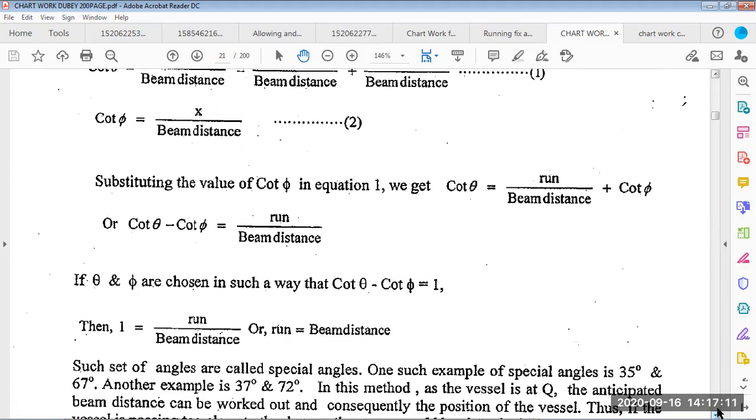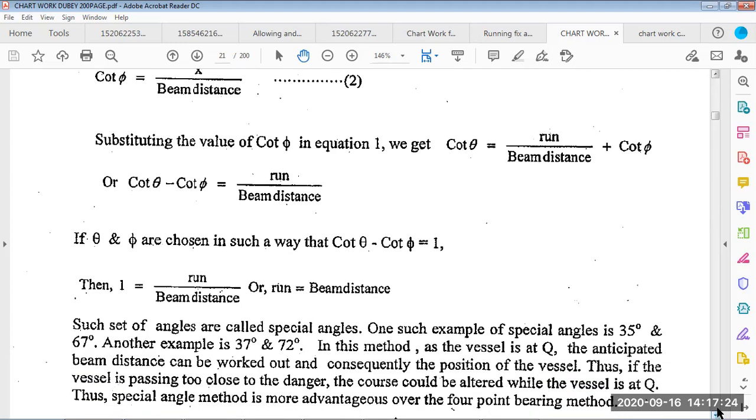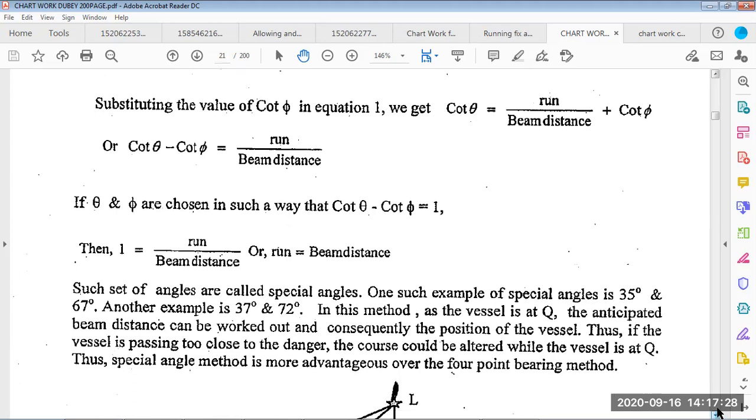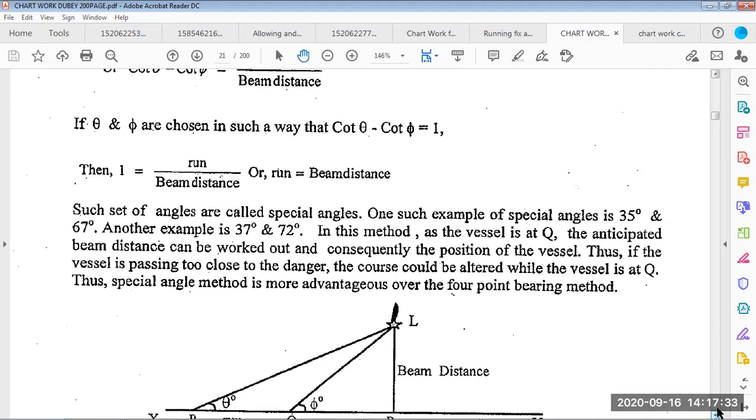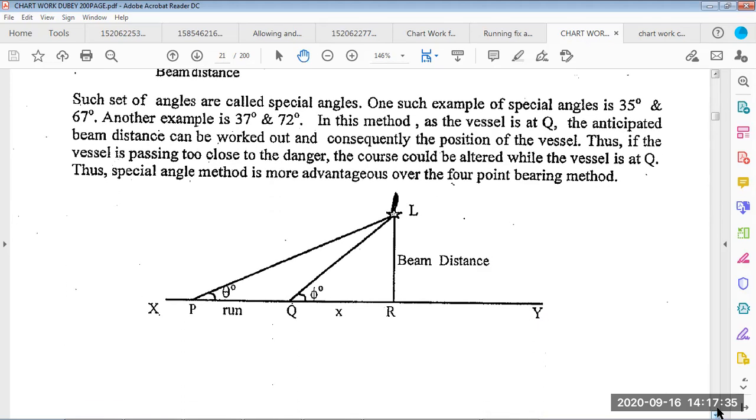If theta and phi are chosen in such a way that cot theta minus cot phi is equal to 1, these are some special angles. So 1 is equal to run upon beam distance, or run is equal to beam distance. Such angles are called special angles, and examples of such angles are 35 and 67 degrees, 37 and 72 degrees.